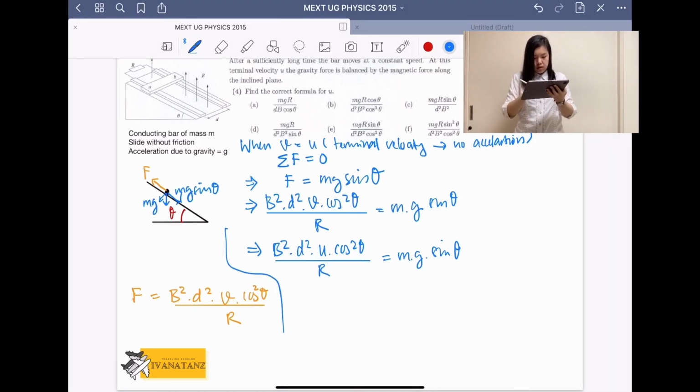Now we can rearrange this to get u: u equals mgR sine theta over B square d square cosine square theta. So the answer is E.